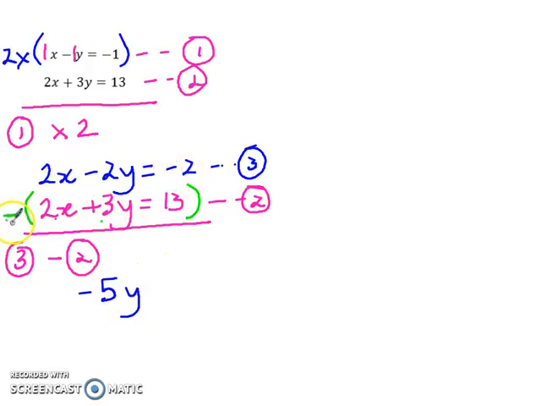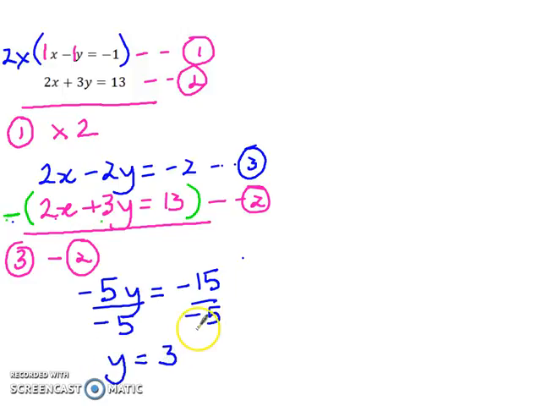Minus 2, take away 13 is going to be minus 15. Then I'm going to divide by minus 5. Y is going to be 3.